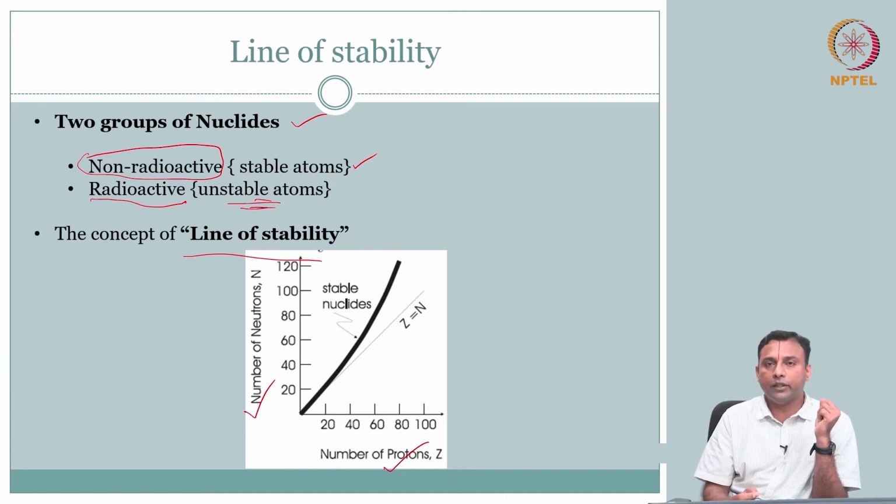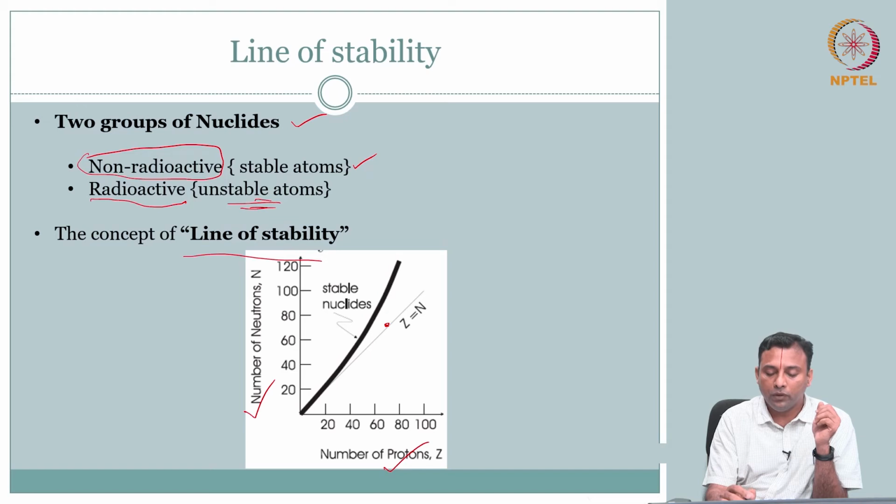This is a very important concept, because you can now start to think about radioactivity in terms of stability or instability, as the atom wanting to rearrange its neutron-to-proton ratio. If I am here, for example, I am unstable.